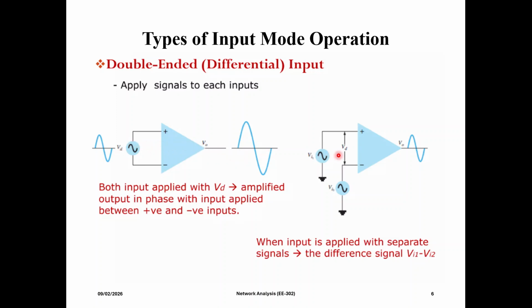Okay, if different signals are applied to both inputs, that is Vi1 and Vi2, then the operational amplifier amplifies the difference, that is Vd, between them. Okay, so this mode is basically useful when we want to compare two signals or reject common noise.